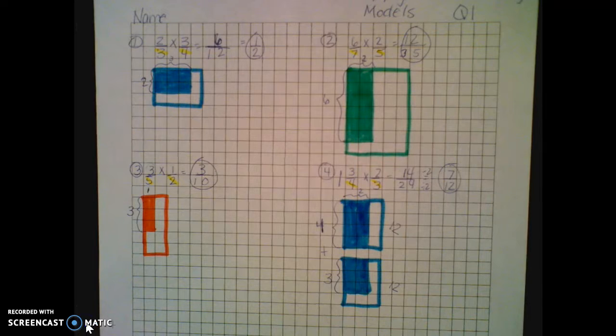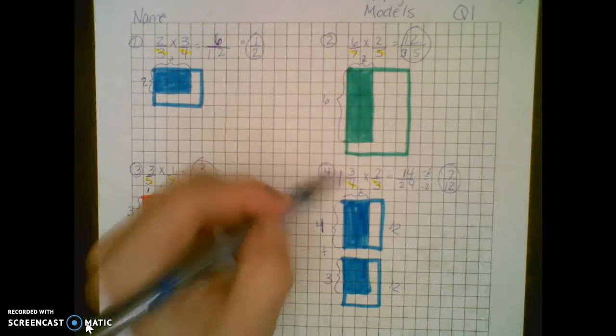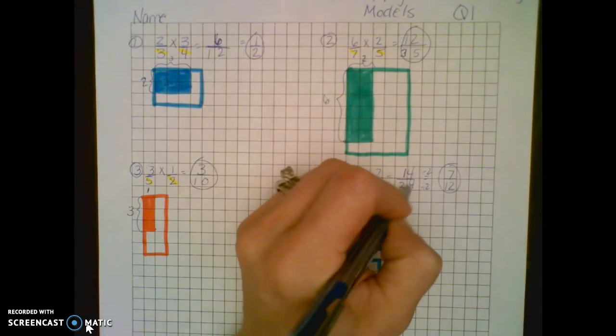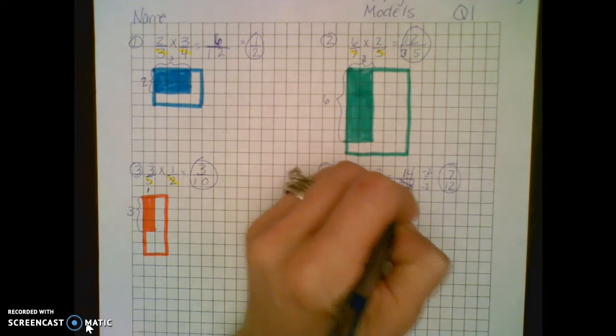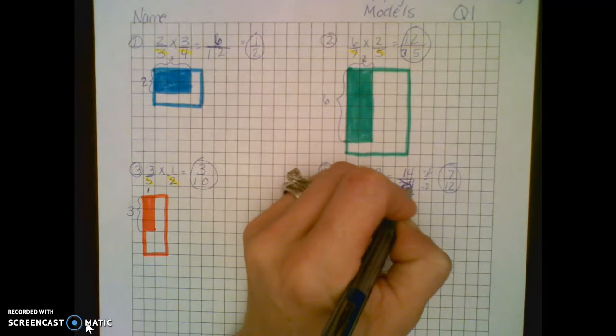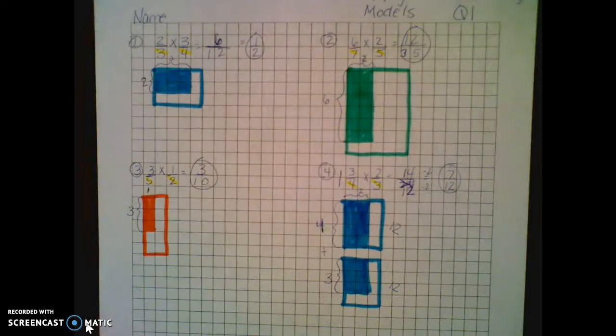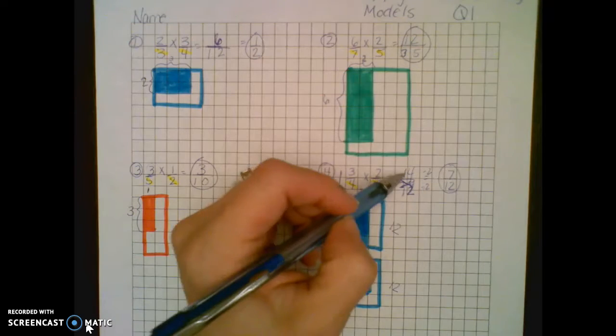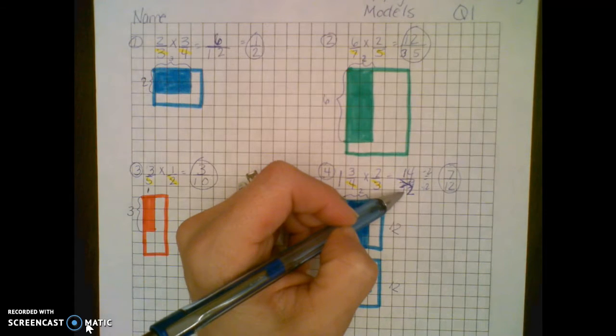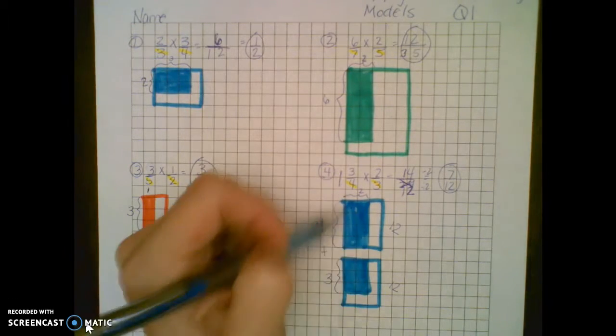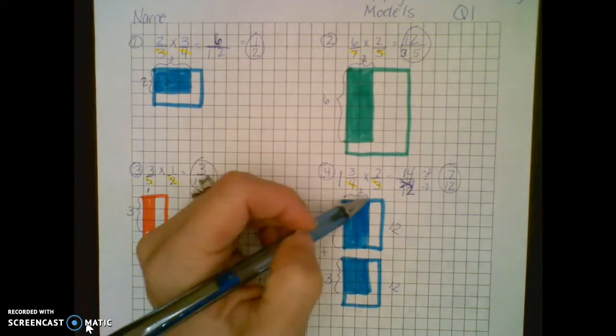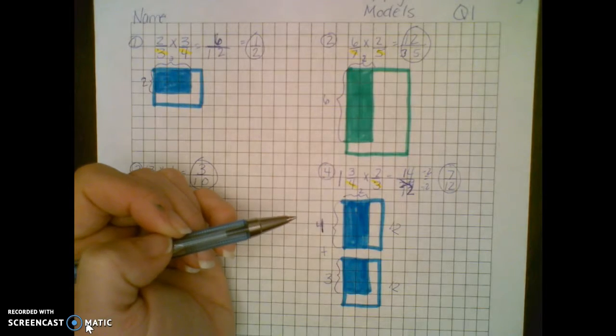Okay, hold on one second. I did make a mistake. Let's go back and talk about problem number 4. I said it was 14 out of 24, but really it's 14 out of 12, because 12 makes up the whole of 1, not 24. I have 12 to make up the whole.